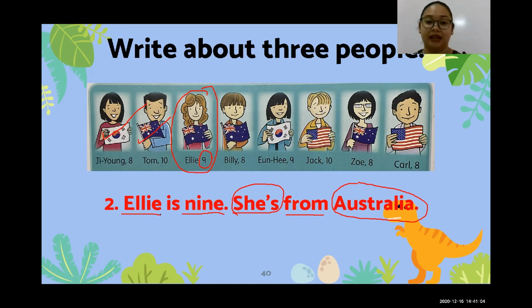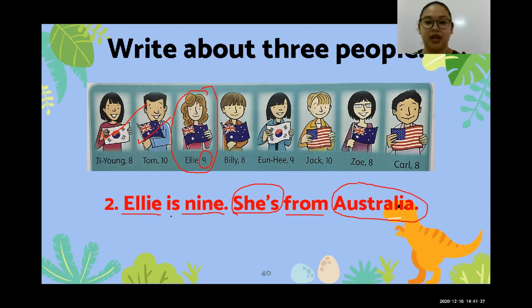Ellie is 9. So here, write the age. Write the number in words. She's, we use our pronoun she plus apostrophe S. From, that means the country that she came from, and the name of the country. So that's it. Okay, so we still have another example.